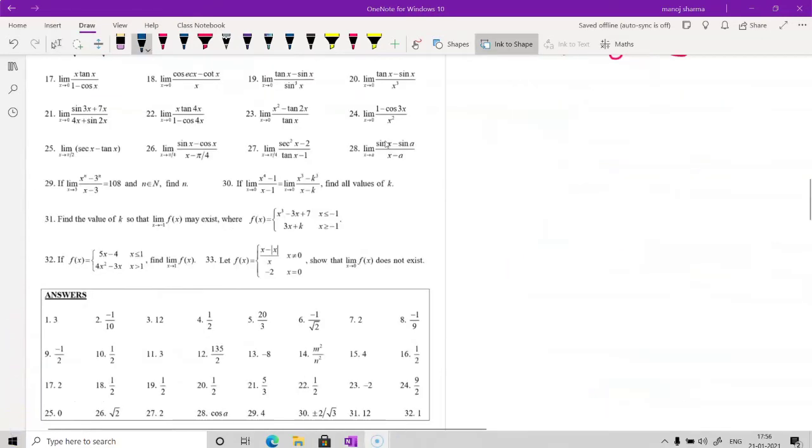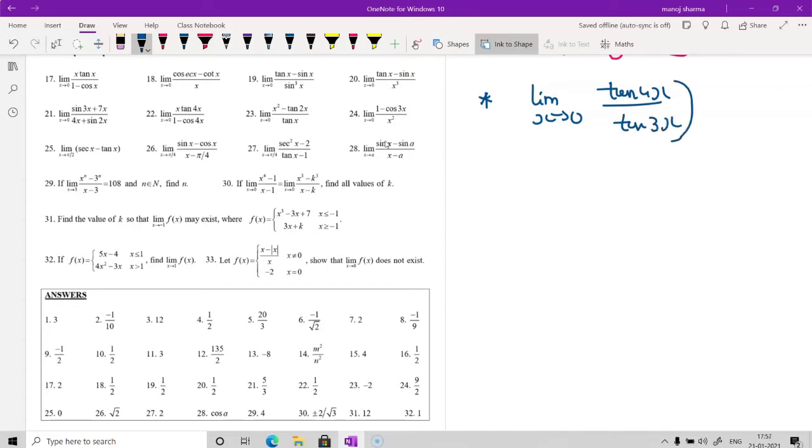So the final answer is 5 by 3. Now moving on further, this can be a similar case if we have a question like limit x tends to 0 tan 4x upon tan 3x. I'll give you a hint, the answer is going to be 4 by 3. You have to make it with the standard formula, that is limit x tends to 0 tan x upon x is 1.